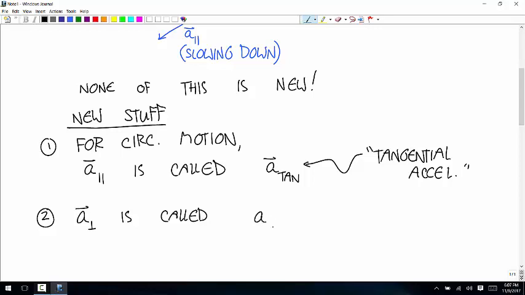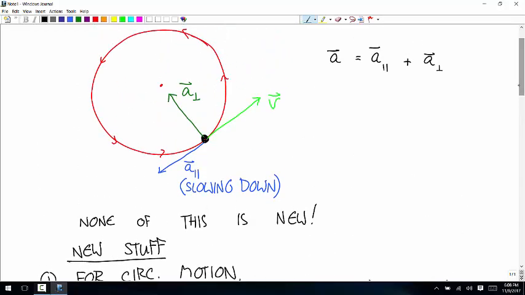So I'm going to write that as A cen. Where that name comes from is centripetal just means towards the center. So if the thing's moving around a circle, then the part of the acceleration perpendicular to the tangent always points right towards the center. But again, that just comes down to a new name for stuff that we've been using.